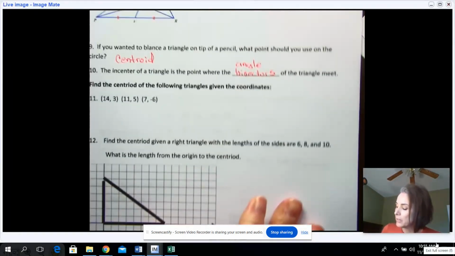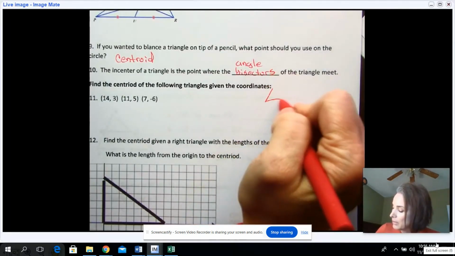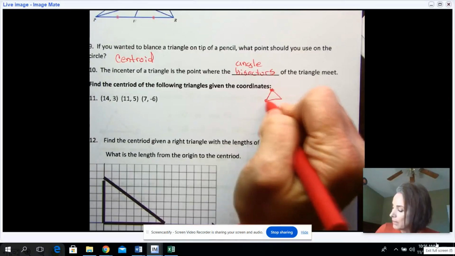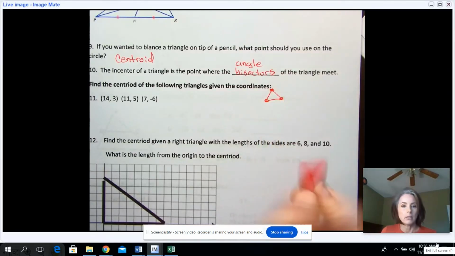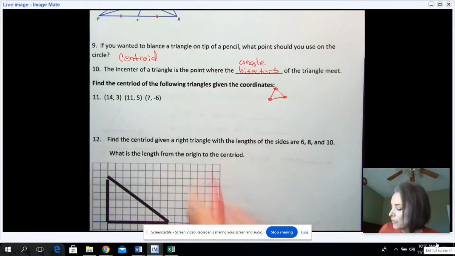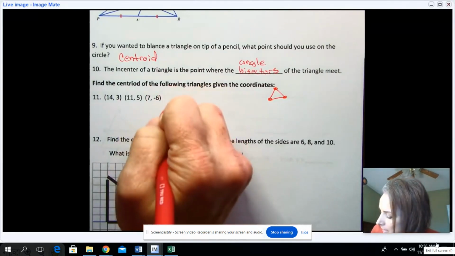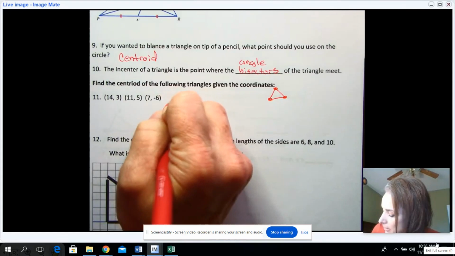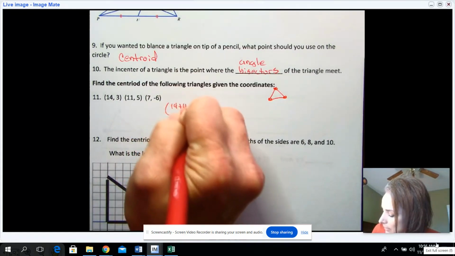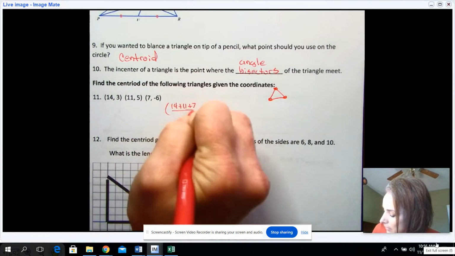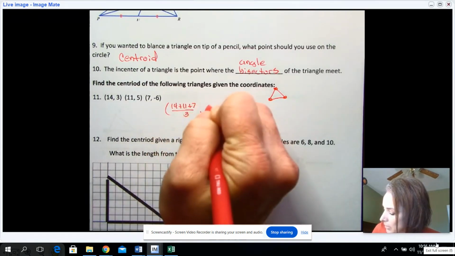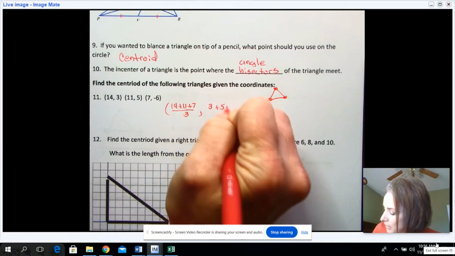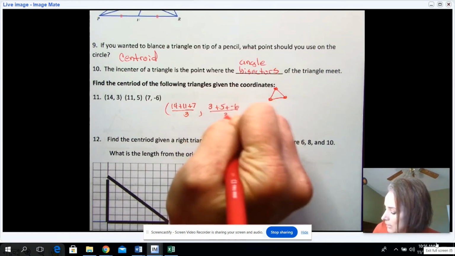To find the centroid, you're given the coordinates of the vertices of a triangle. So hopefully you remember, to find the centroid you add your x's up, 14 plus 11 plus 7 divided by 3, and add your y's up, 3 plus 5 plus negative 6 divided by 3.